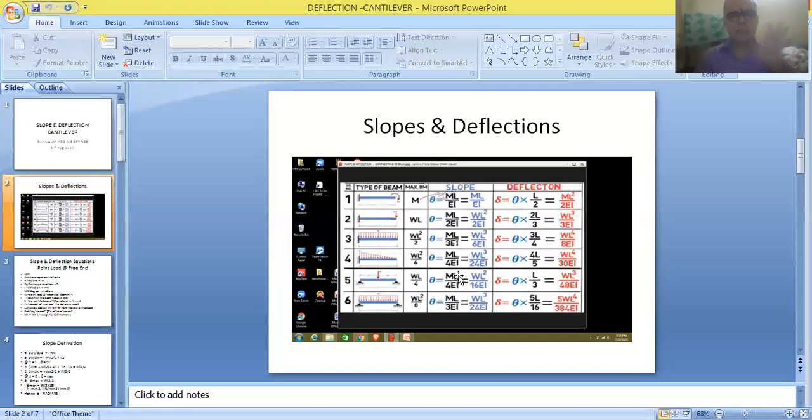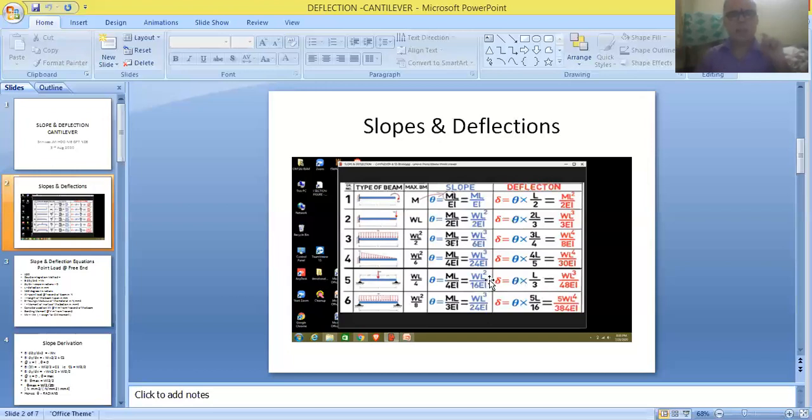So friends, these are the calculations which we are supposed to make while solving problems on cantilevers and simply supported beams, also in the case of point loads and uniformly distributed loads. Certainly we have to depend upon these formulas. A very nice table for memorizing all this important information, very, very essential for solving problems on this particular chapter.